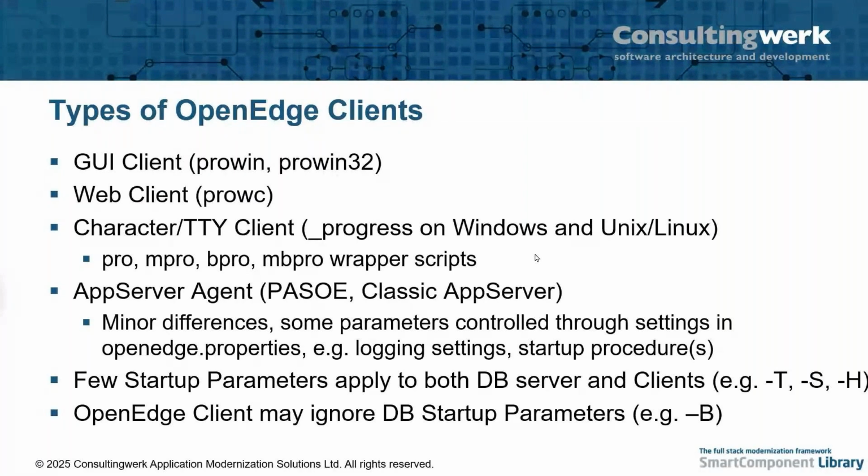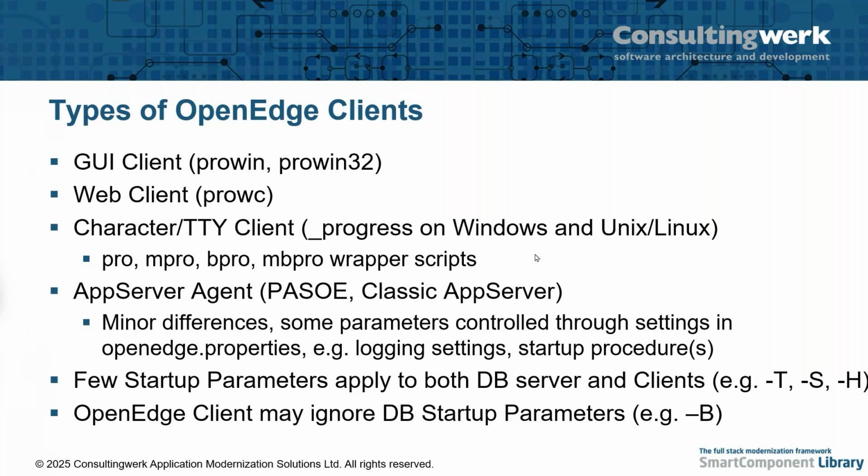There's a web client, which is a thin client for Windows. The main difference between the thin client and the GUI client is the thin client is incapable of connecting with a database, and the thin client is incapable of compiling. Apart from that, both can do pretty much the same. And then there's the character client or the TTY client. Processes _progress, both on Windows and Unix or Linux available.